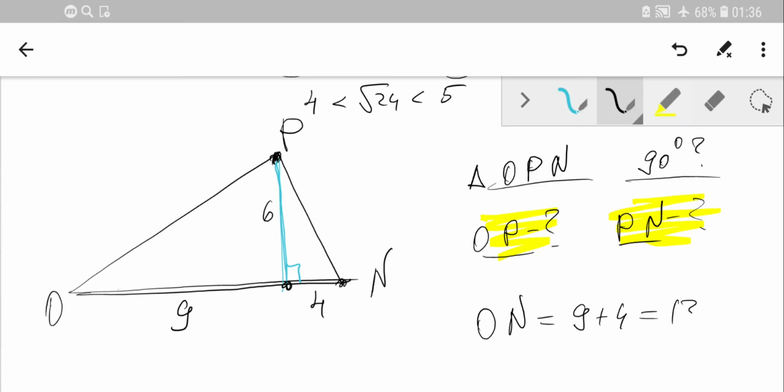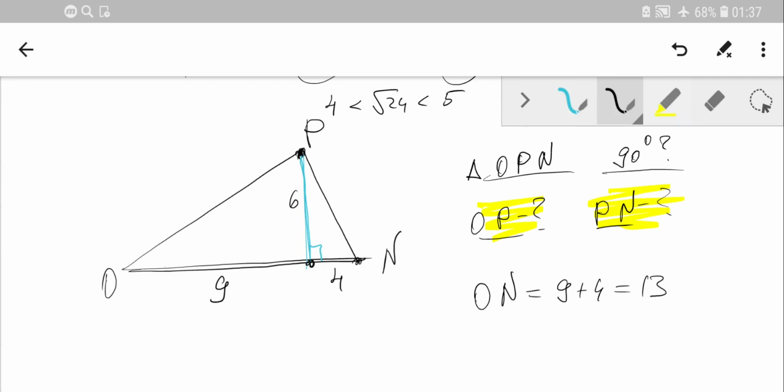Which is 13. All right, so how to work out the OP value? Just have a look at the left side triangle.